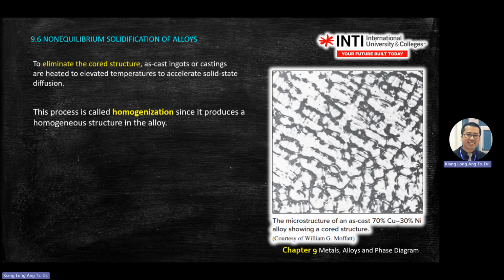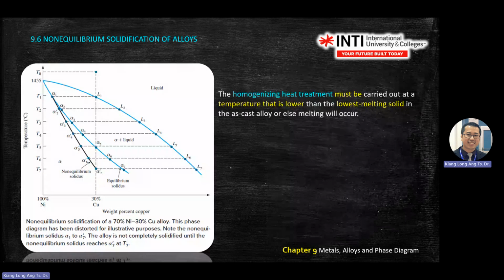So what they do in the process, the ingot or the casting is heated to an elevated temperature to accelerate the solid state diffusion. Means in the normal case, when they want to do a manufacturing process, normally they will warm the ingot first. They will elevate the temperature first, right? This process in the industry is called homogenization.